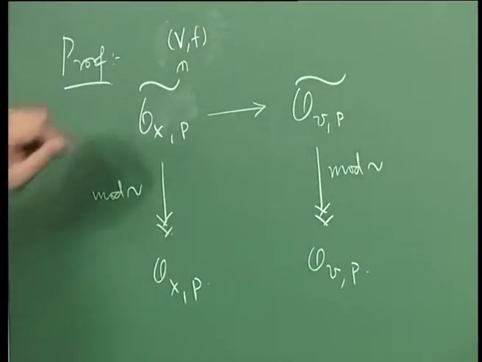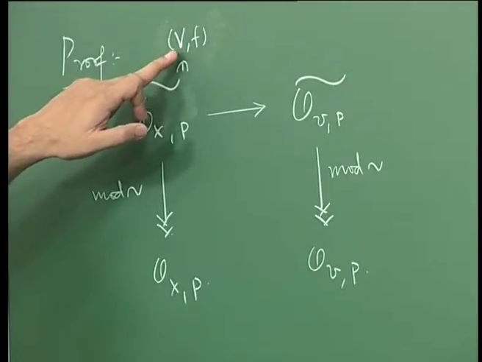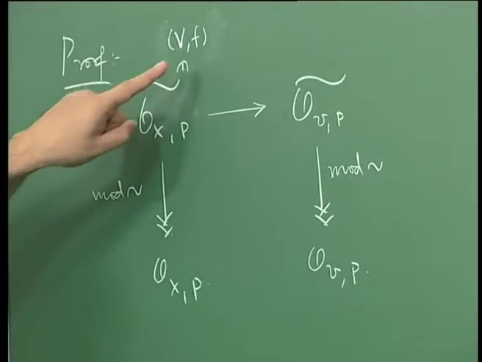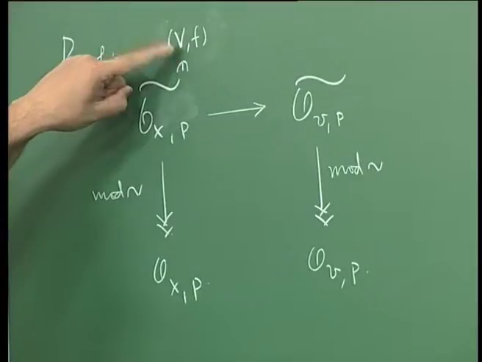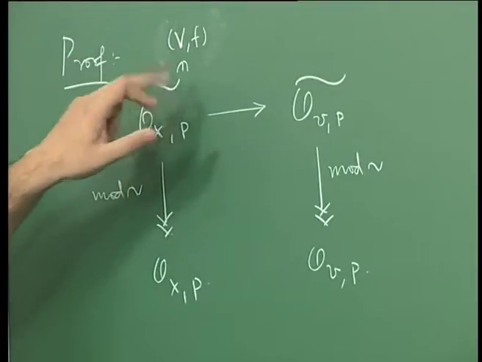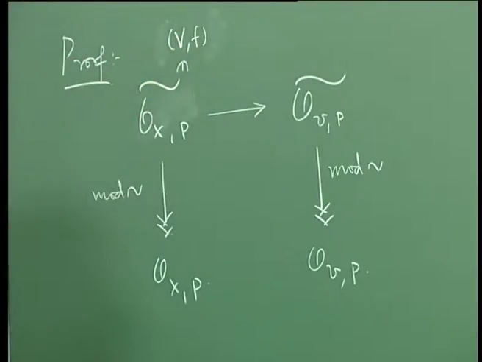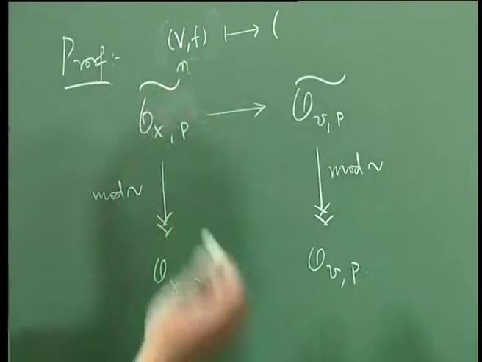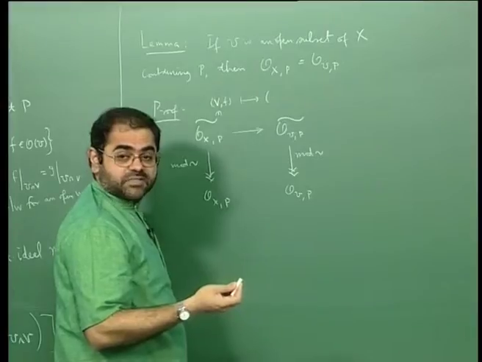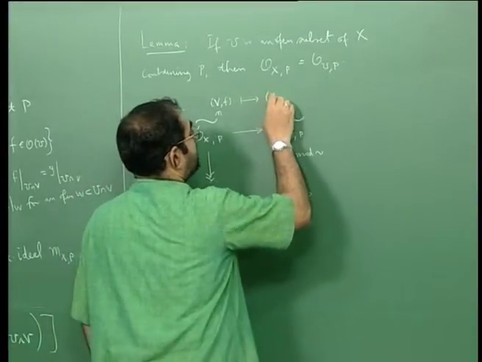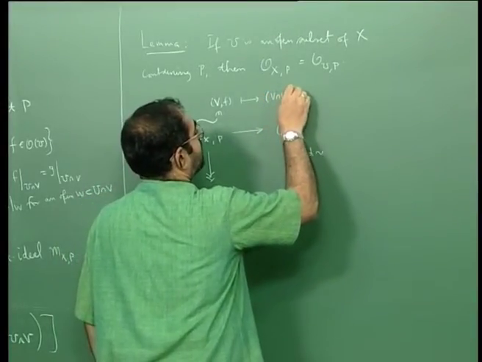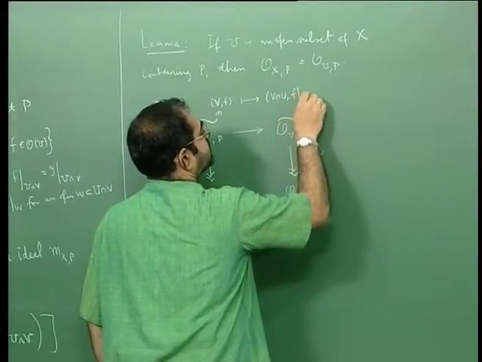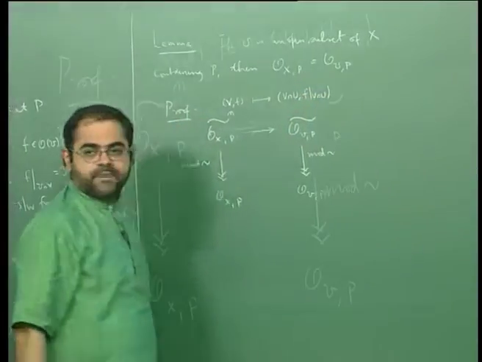So if you have a pair (V, f), then V is an open subset containing the point P, f is a regular function on V. Now after all I can simply restrict it to V intersection U, so I can just take (V intersection U, f restricted to V intersection U). I can do this.